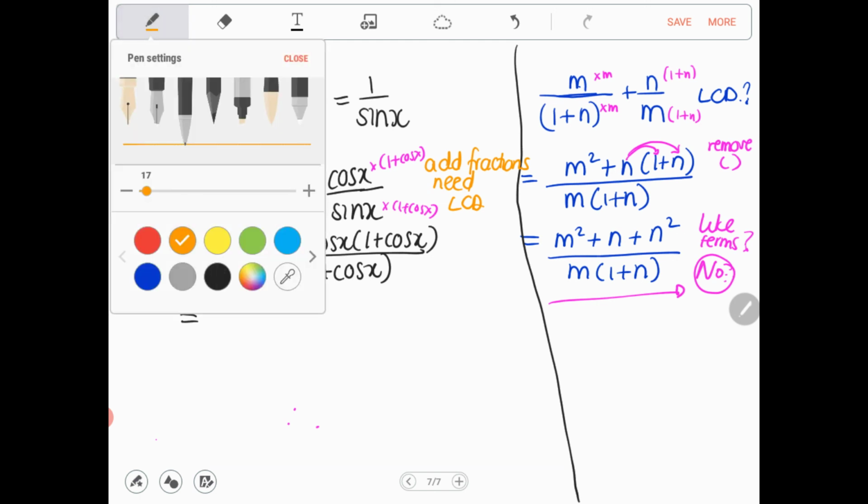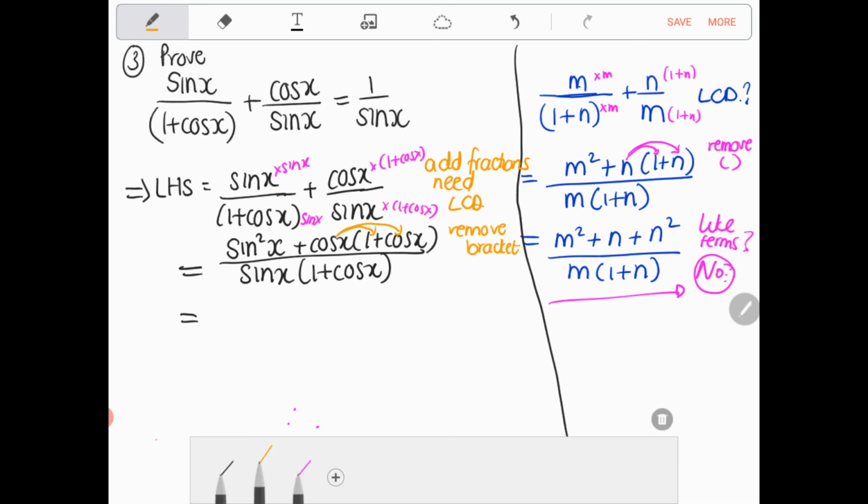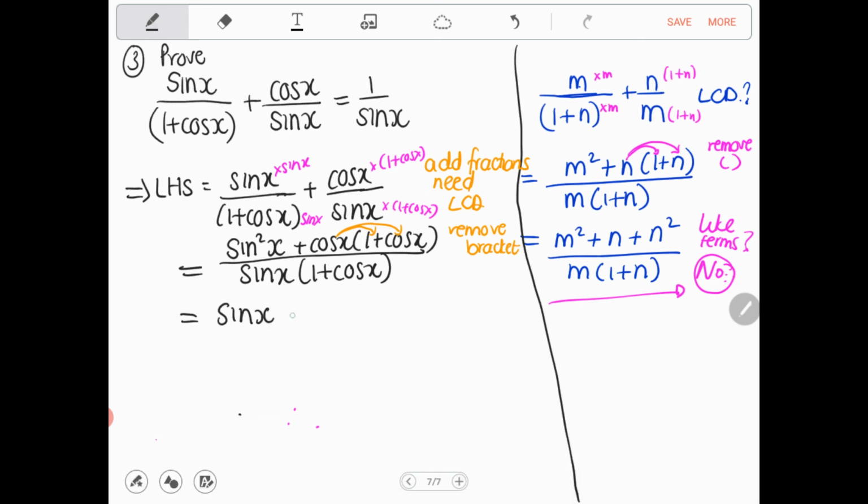So what do we do now? Well, if we look on the other side, now we remove the bracket. All right, so we're removing the bracket, distributing that cos times 1 gives you cos x, and cos times cos gives you cos squared x.